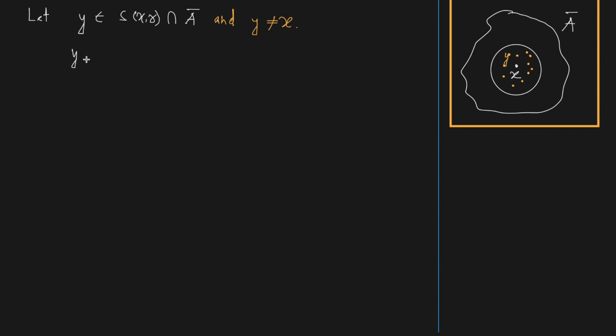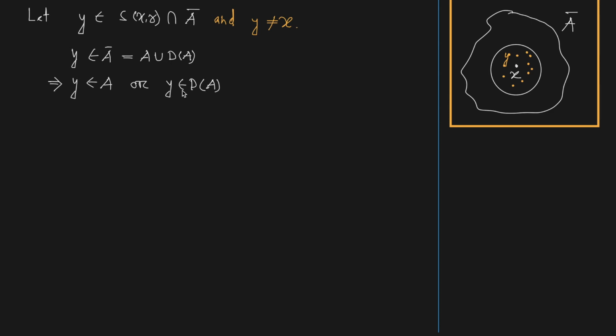y belongs to A bar. What is A bar? A bar means A union derived set of A, ঠিক। তার মানে y হয় A এর পয়েন্ট অথবা y belongs to derived set of A, ভালো করে চিন্তা করুন। So this implies either y belongs to A or y belongs to derived set of A. What is derived set? It is a collection of all limit points.